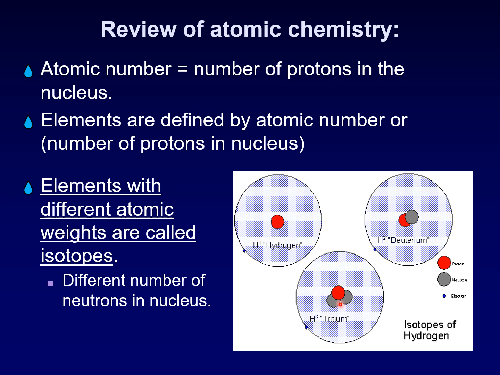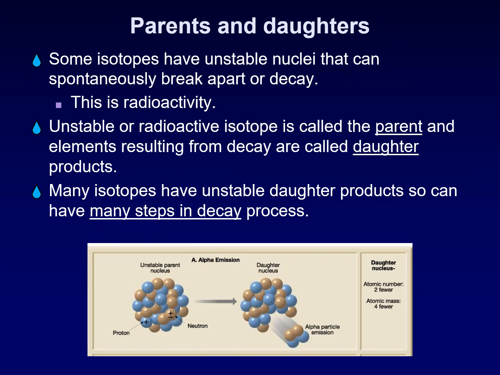And so we call that hydrogen 3, and we call that tritium. So deuterium and tritium are isotopes of hydrogen based on the addition of these neutrons. And for these isotopes, some have unstable nuclei that can spontaneously break apart or decay. This is what radioactivity is.